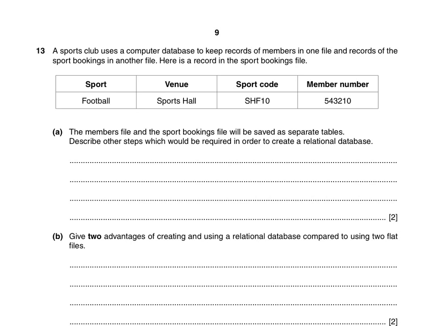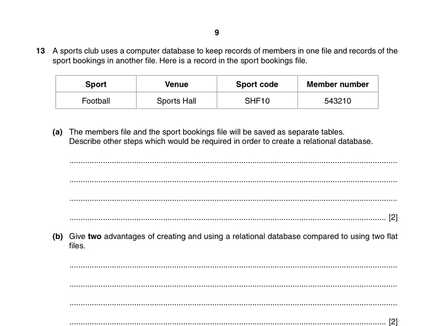So in this question we have a sports club that uses a computer database to keep records of members in one file and records of the sport bookings in another file. Here is a record in the sport bookings file.